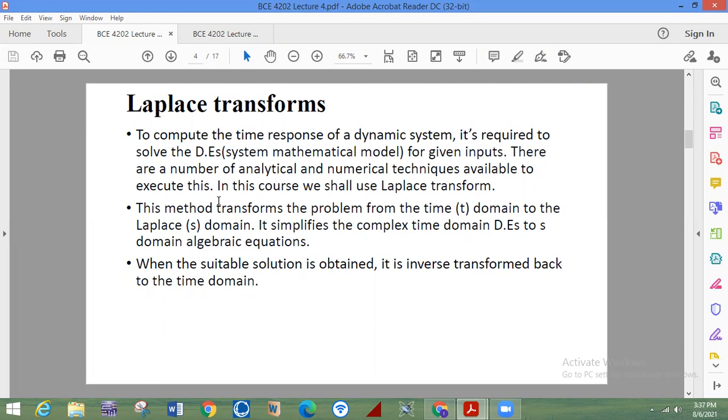This method transforms the problem from the time domain to the Laplace domain, or frequency domain, as we shall see later. It simplifies the complex time domain differential equations to S-domain algebraic equations. When the suitable solution is obtained, it is inverse transformed back to the time domain.